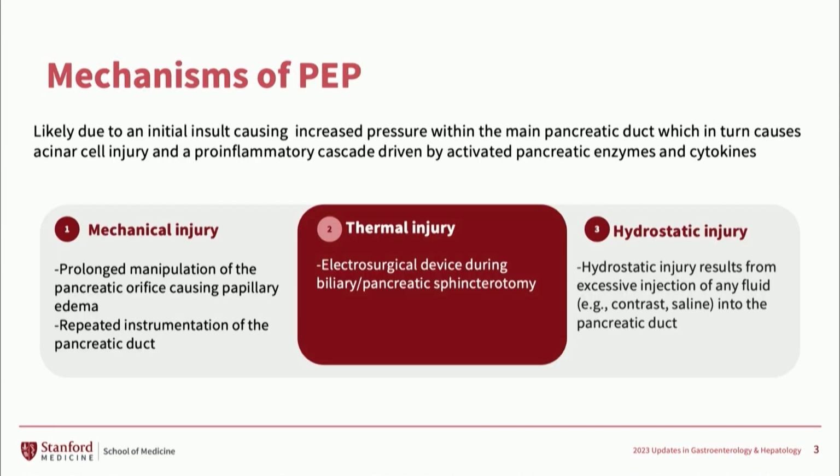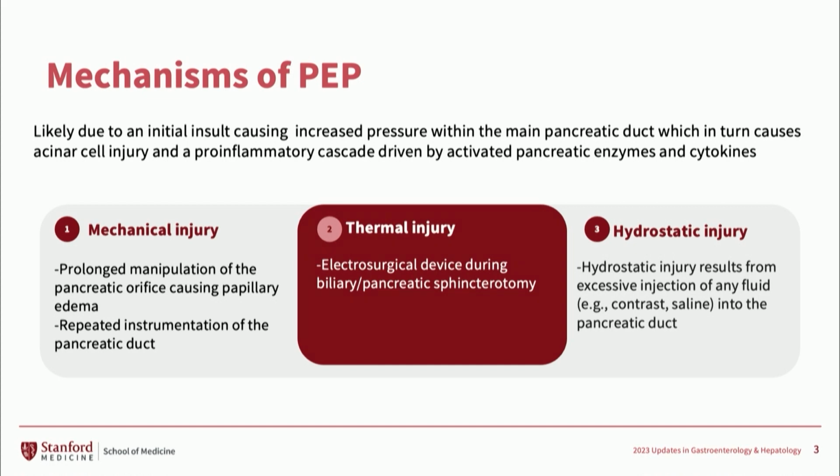So what are the mechanisms for post-ERCP pancreatitis? Post-ERCP pancreatitis arises from an initial injury, which sets off a pro-inflammatory cascade driven by cytokines and activated pancreatic enzymes. There are several proposed mechanisms for this initial injury. The first is mechanical injury, usually in the form of the manipulation of the ampulla or major papilla during cannulation.